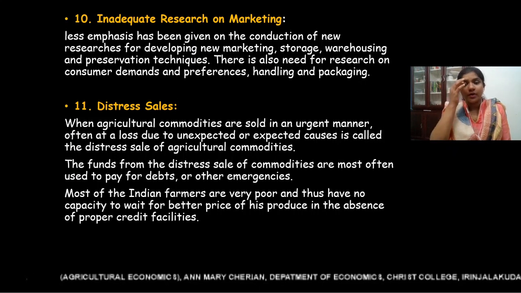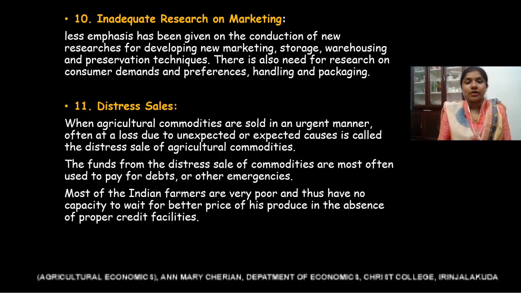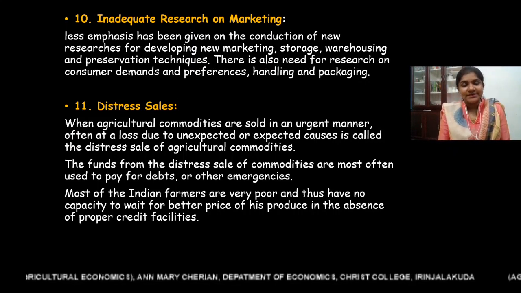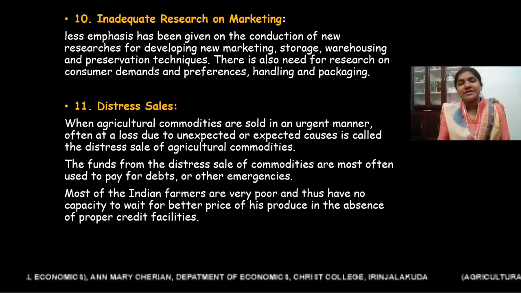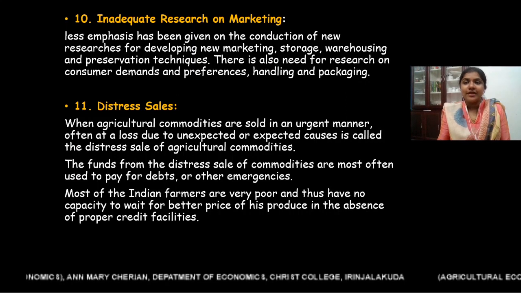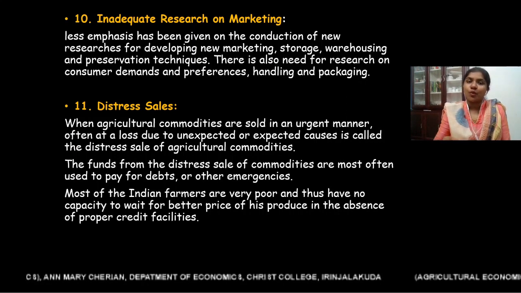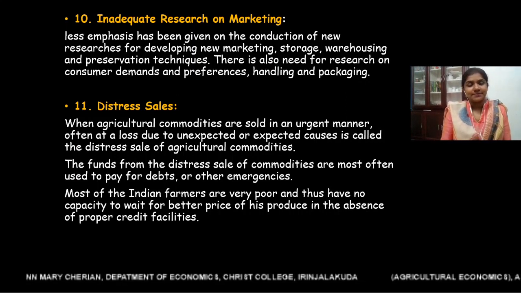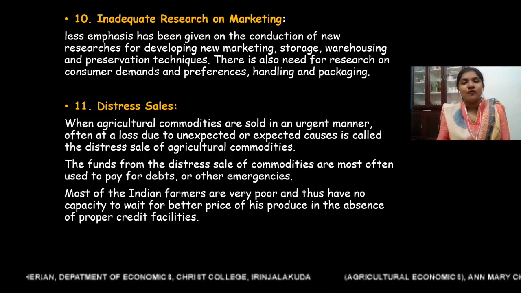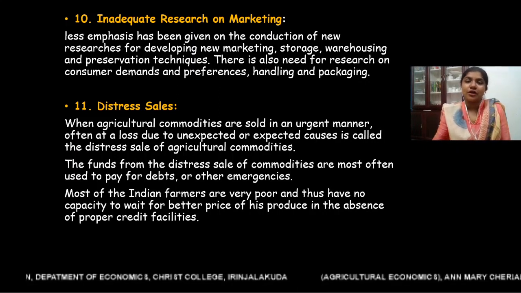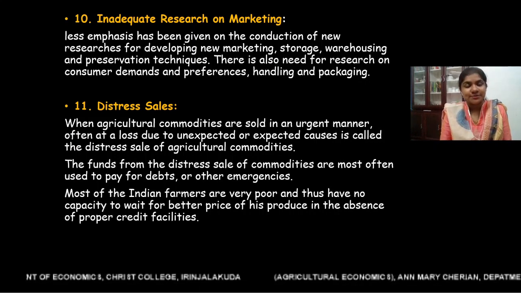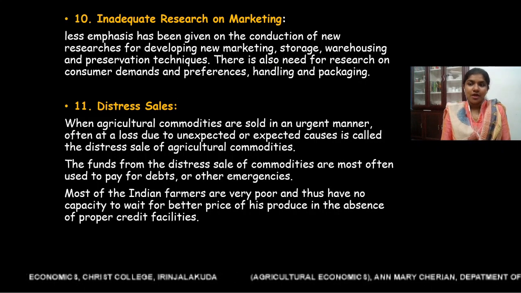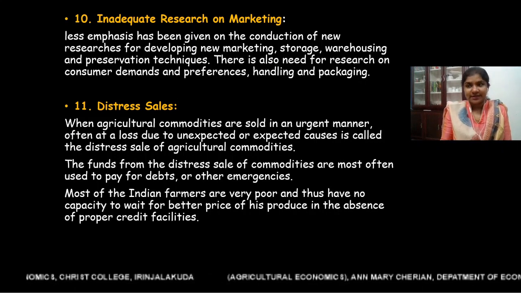Now moving on to our final or last point, distress sale. We usually say that the average farmer is almost always in debt. So the farmer cannot wait a long time after harvest to obtain better prices in future. So farmers go for distress sale.